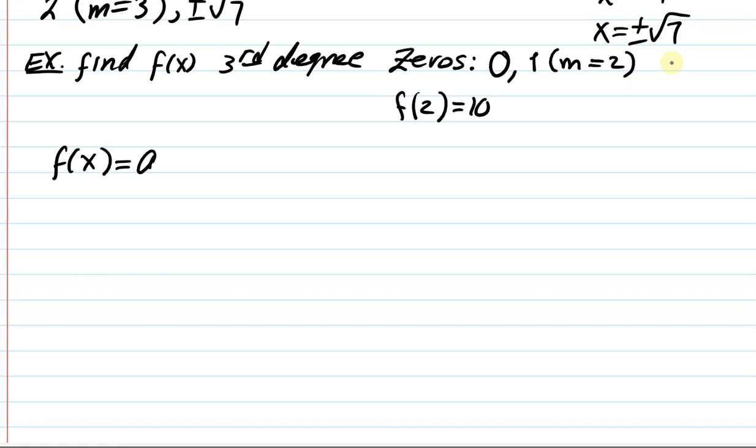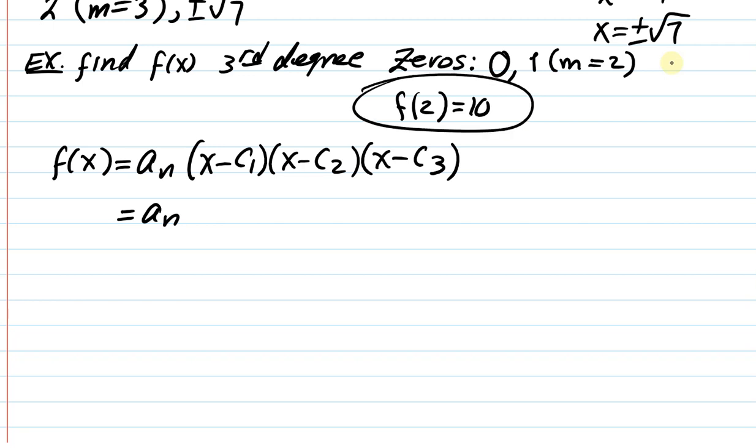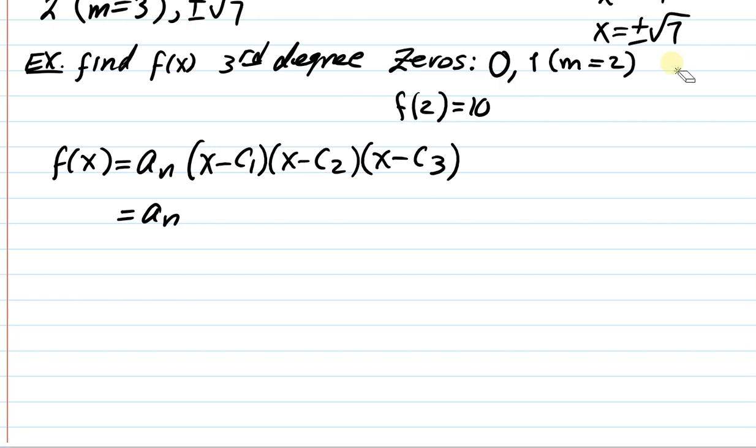f of x is going to be a sub n times x minus, again, I'm going to go c1, x minus c2, x minus c3, because this is third degree. So the linear factorization will have 3 factors. Now a sub n is to be determined. That's why I need this information to find a sub n in the end. x minus zeros.